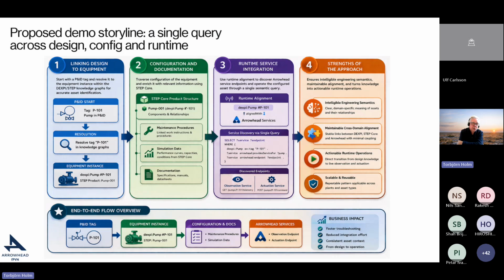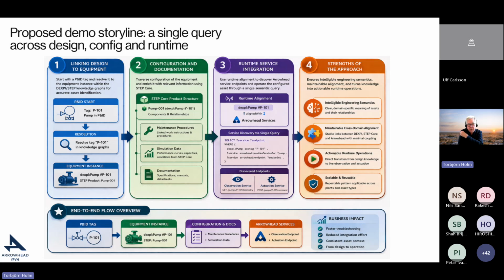And of course, there are still documents available, manuals, data sheets, and so on. We can do this runtime integration that I talked about. We have the Arrowhead services and the Arrowhead microservices, and that is one key enabler for what we could do in the next step. We have not evaluated or taken advantage of it all yet.